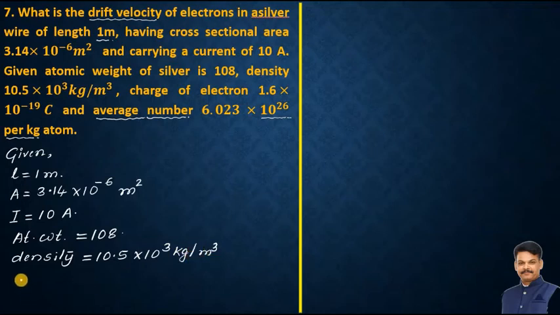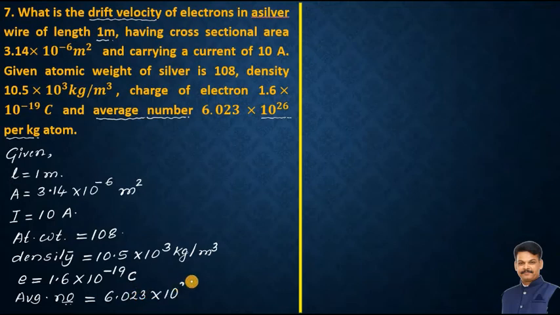Then charge of the electron, e, is 1.6 into 10 raised to minus 19 coulomb, and the average number, that is 6.023 into 10 raised to 26 per kg of the substance. It is not per gram, it is per kg. So these are all the given information, and here we have to calculate the drift velocity. That is the aim and objective of the problem.